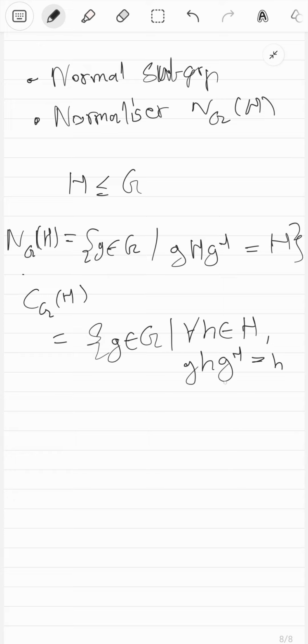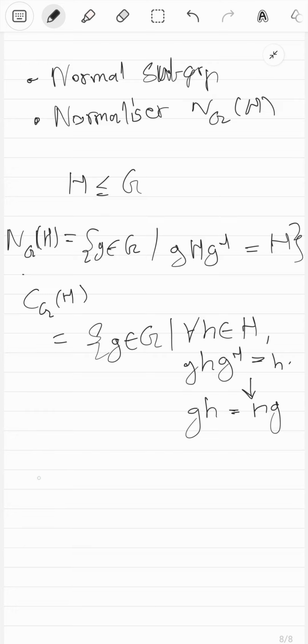So conjugated with g, that's just h. Another way to think about it is that you can essentially write gh is equal to hg, right? So g and h commute. So basically it's all the elements such that for any element in capital H, the elements commute, right?